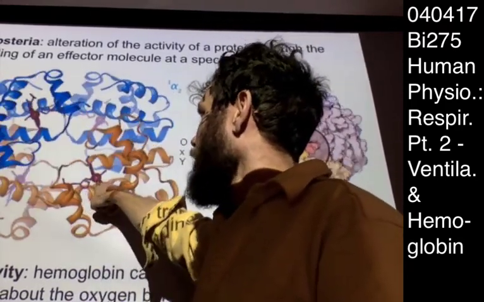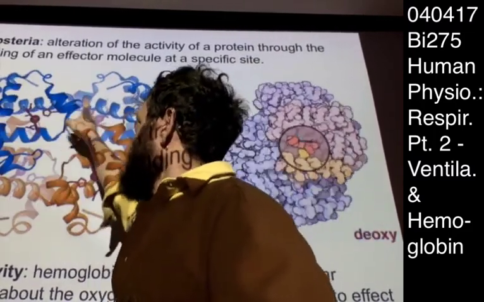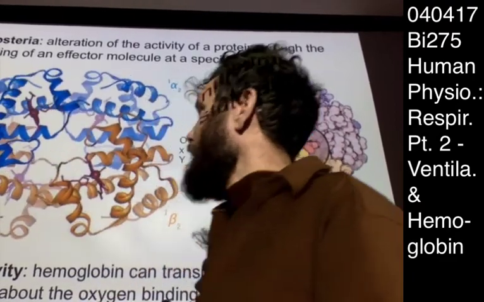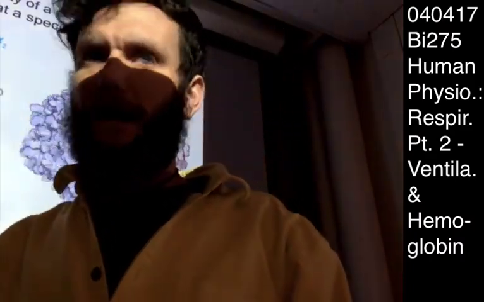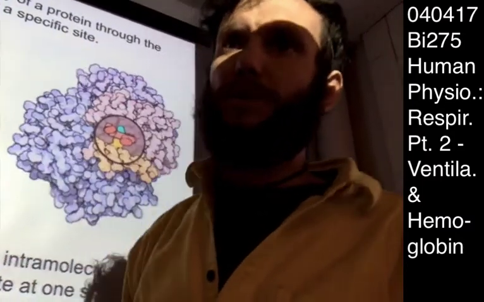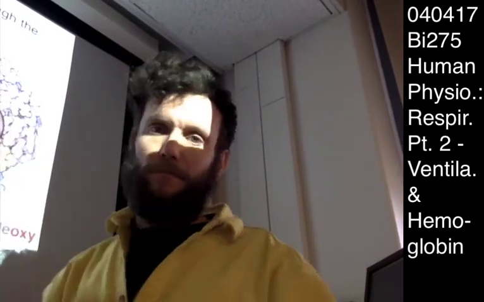The binding of one oxygen to one site is going to cooperatively affect the binding of oxygen at other sites. So the more oxygen is bound to hemoglobin, the easier it becomes to bind oxygen, is what I'm trying to tell you. And we'll see the implications of this in a bit. This is just sort of showing you the molecular conformational shifts that happen with the binding and unbinding of oxygen there.